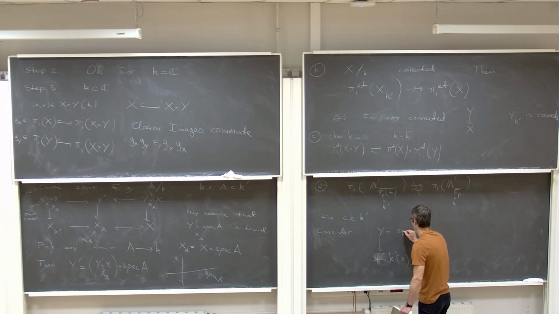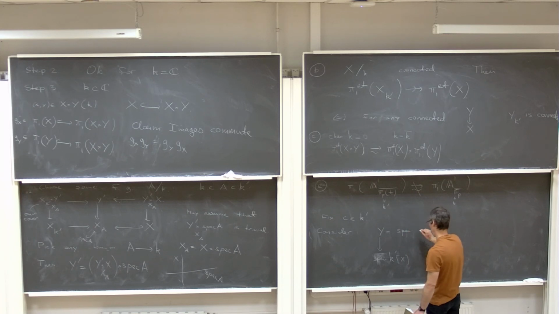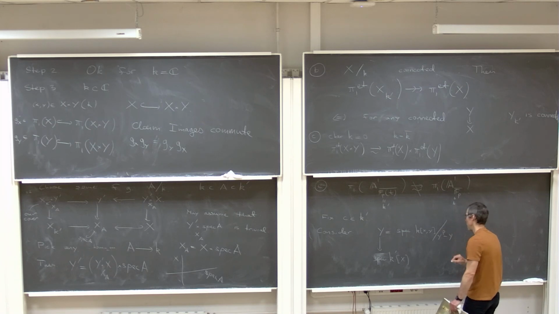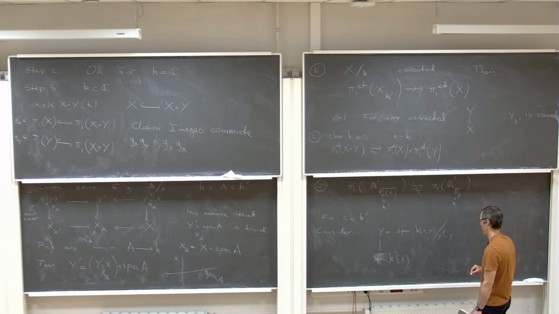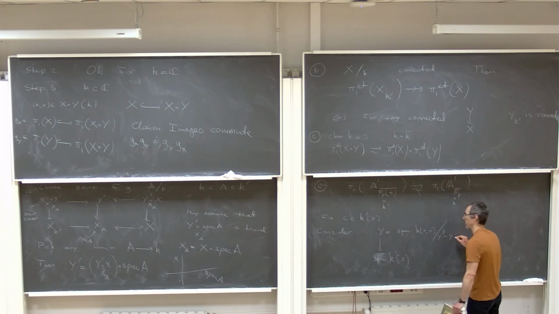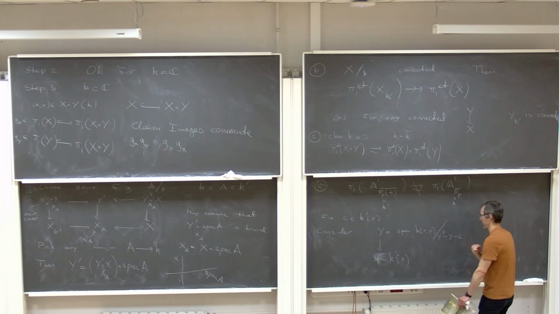And it's given explicitly by an equation. So it's Spec K'[x, y], and the equation here is y to the pth power minus y minus c equal to 0.